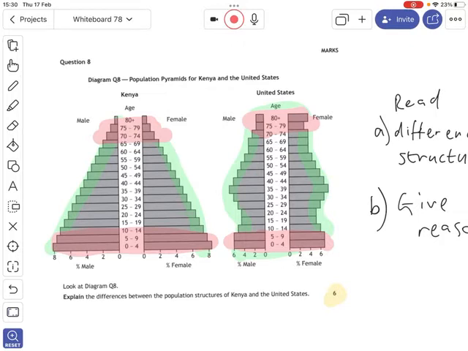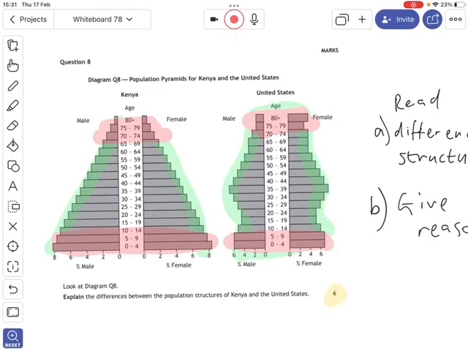For example, 15 to 19-year-olds, you've got a difference of about 7.5 in Kenya, but only about 6, maybe 5.9% of the population in the USA. These are the kind of things you want to be saying in the structure part.